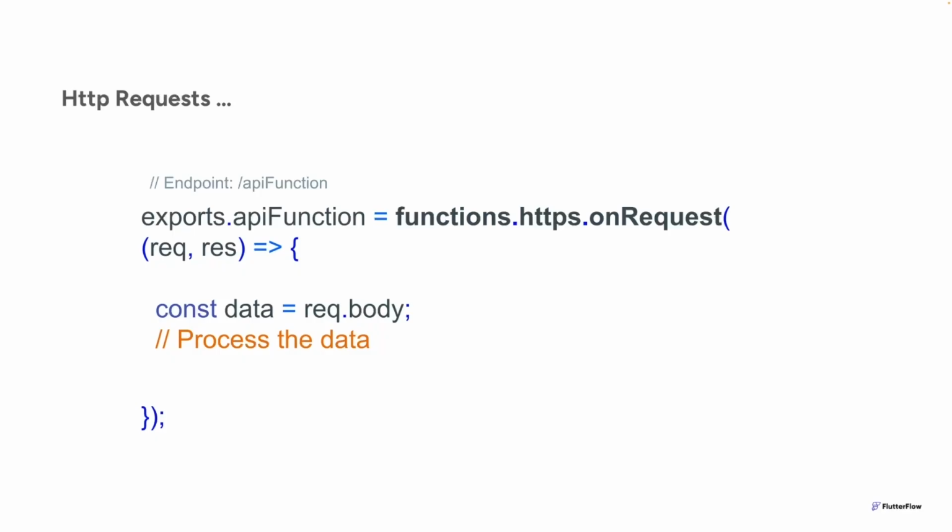When you use onRequest, it means it's triggered by an HTTP request, typically using the POST method. It's important to note that by this function name, the API function that you see on the screen, we will create an API function endpoint as well.